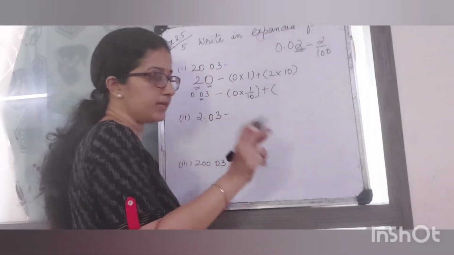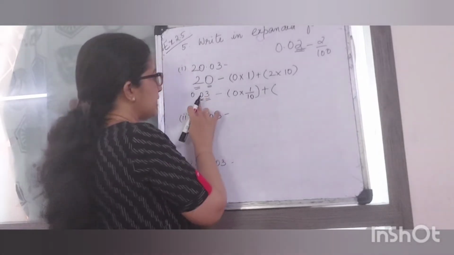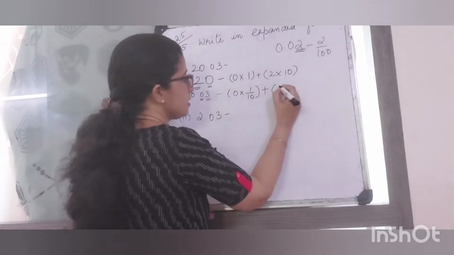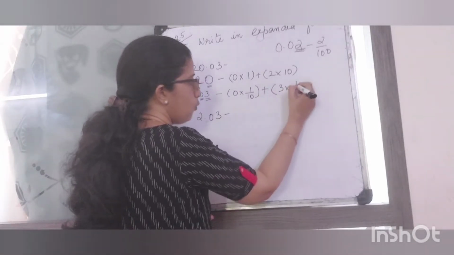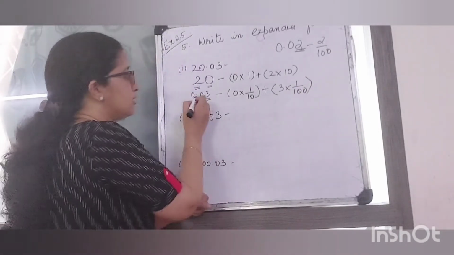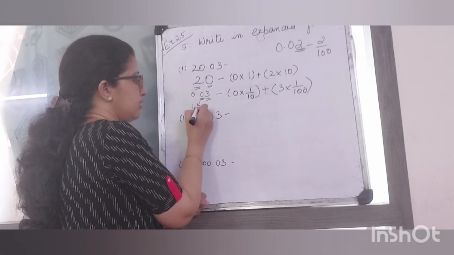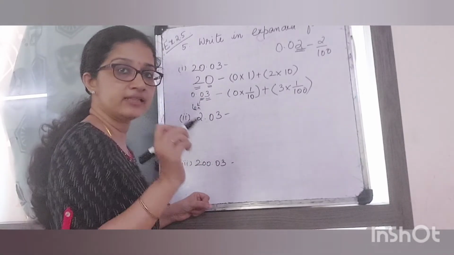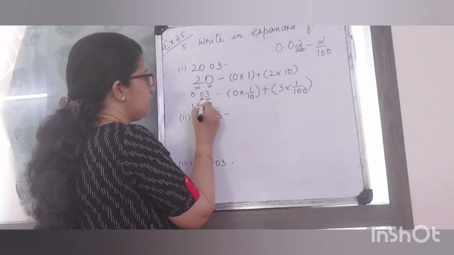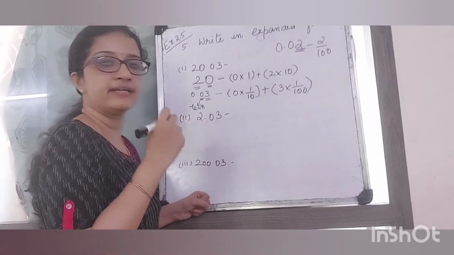Similarly, come to this point, the second digit is 3 here. So how do we expand this? 3 into 1 by 100. This first position is called the tenths position. It is not ten, it is tenths. If it is to the right hand side of the decimal point, you have to add th.